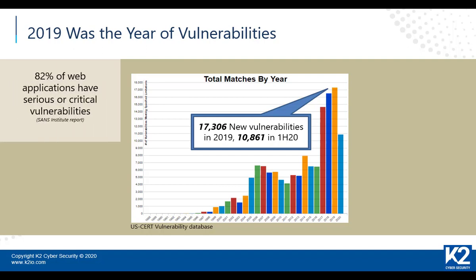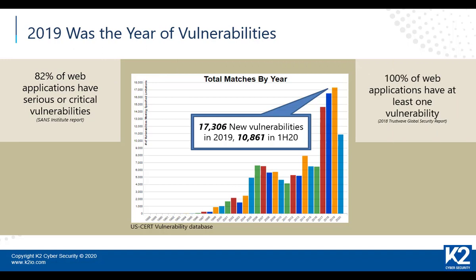If you look at web applications themselves, it's estimated an astounding 82% of them have a serious or critical vulnerability. And all web applications have at least one vulnerability. If you look at why that's the case, there is the drive to get applications to production much more quickly.